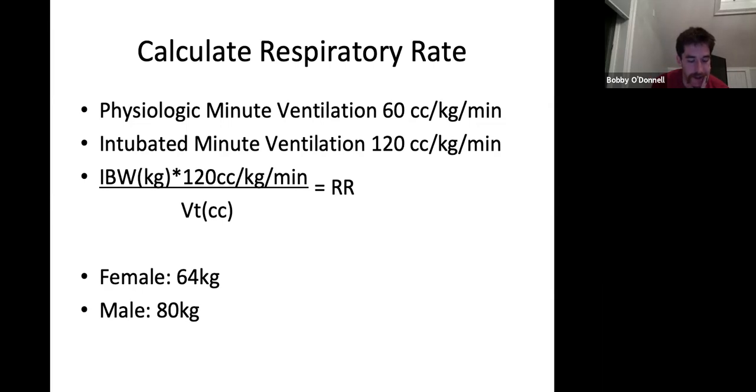And then our tidal volume, if we're doing 7 cc's per kg, is 7 times 64. So their tidal volume is 448. And then we're dividing the minute ventilation by that. So it's 17 for a respiratory rate.